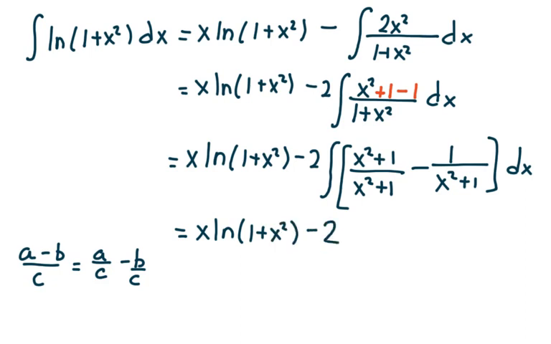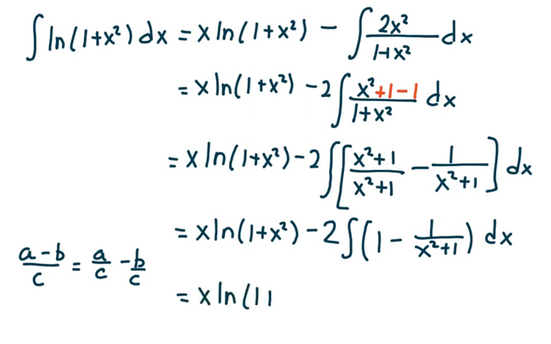So I get x natural log of 1 plus x squared minus 2 times the integral of 1 minus 1 over x squared plus 1 dx. And so this is x natural log of 1 plus x squared minus 2 times the integral of 1 dx, which is x. The integral of 1 over 1 plus x squared dx, or 1 over x squared plus 1 dx, is the arctangent of x. And then I add c.